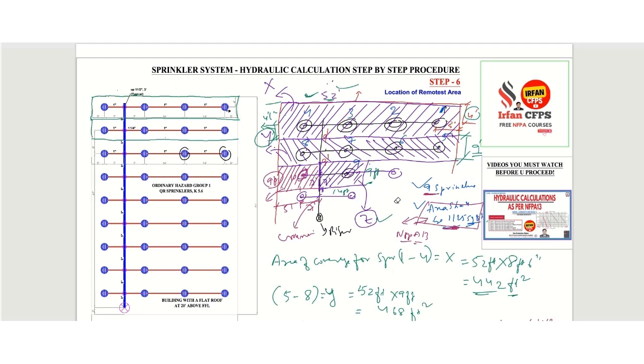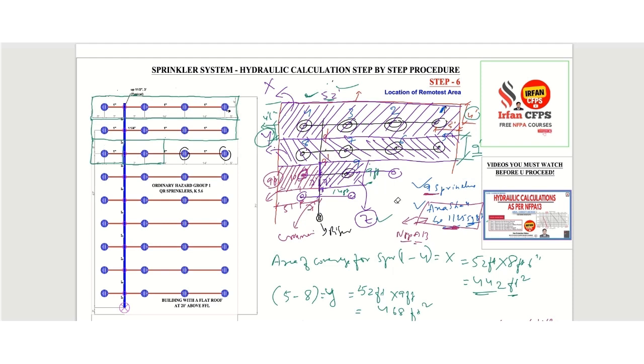Just a minute. I don't have a ruler, so I cannot draw straight lines properly. Anyhow, just try to understand the concept. So then we have drawn this 9th sprinkler, and finally, since the area is not meeting the NFPA requirements, we consider this sprinkler as well.